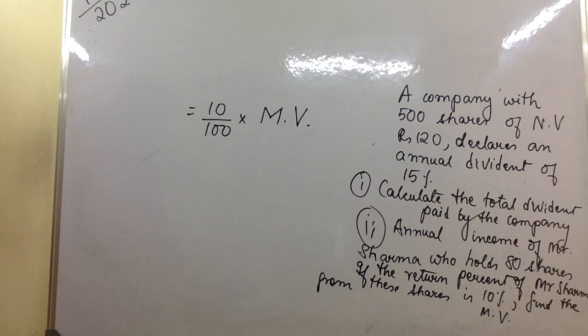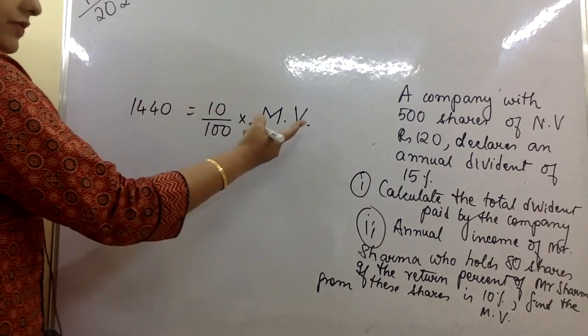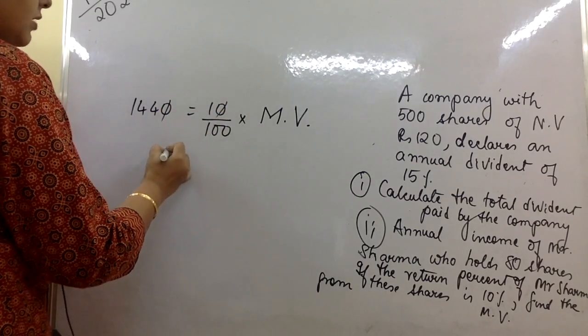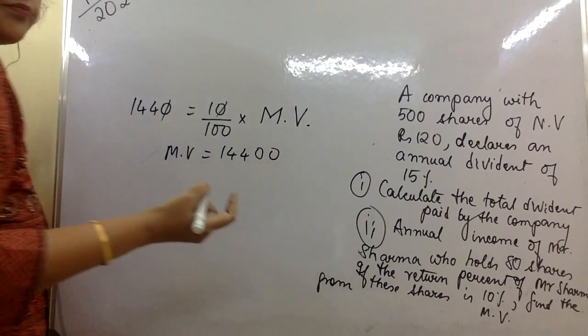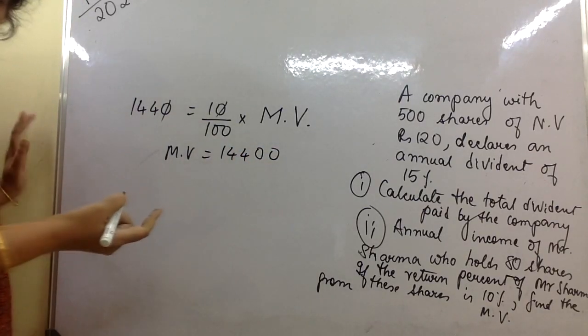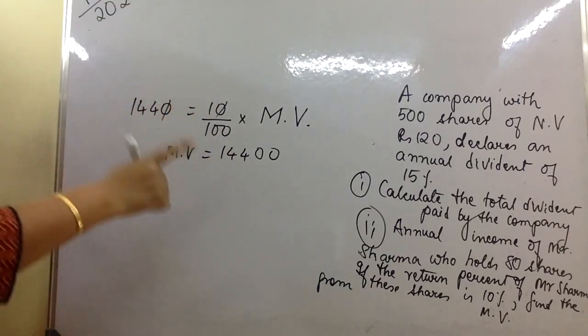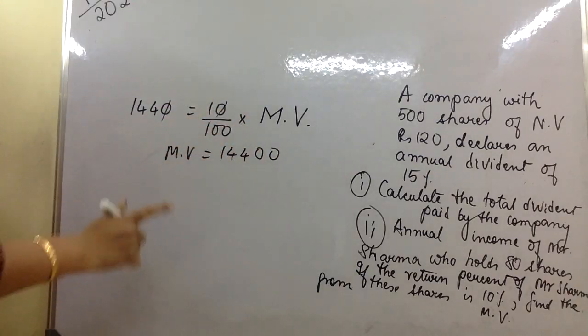So 1440, you can even take this as x. So the market value now will cancel here, and market value comes to 14400, right? But this is his total market value, the amount he has spent to buy all 80 shares.